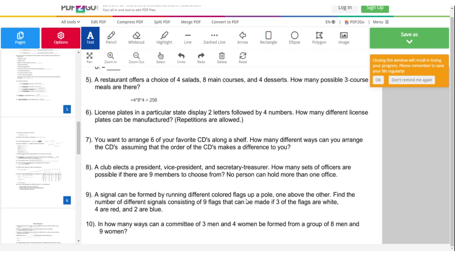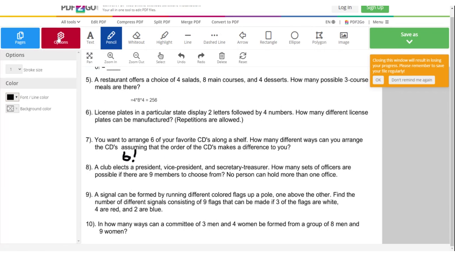Now this right here is simply going to be 6 factorial. But what I want to do is set up one of each of the combinations and permutations.